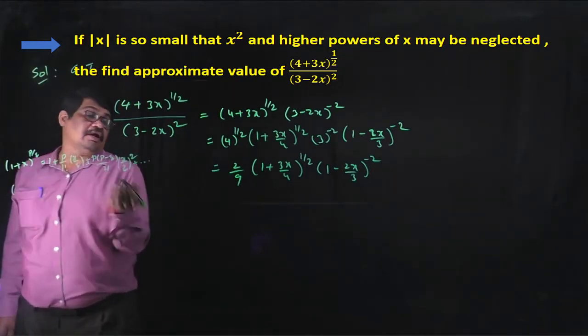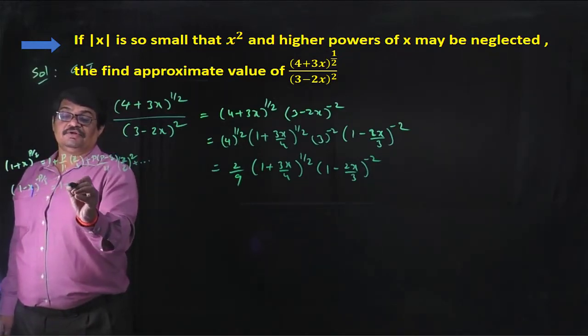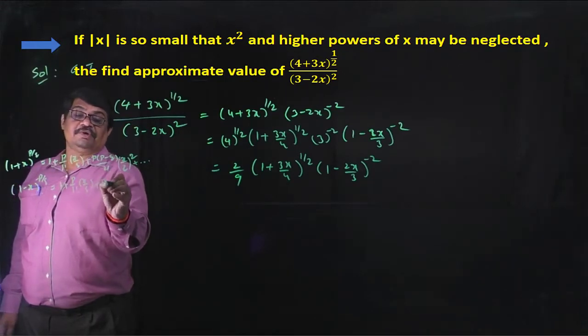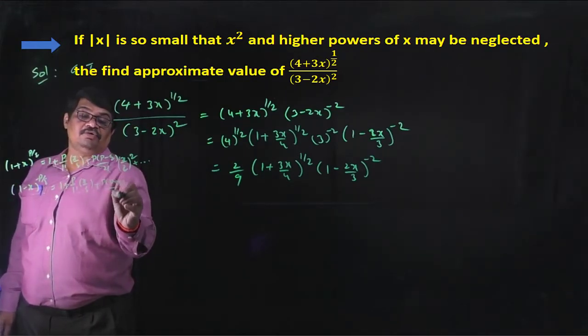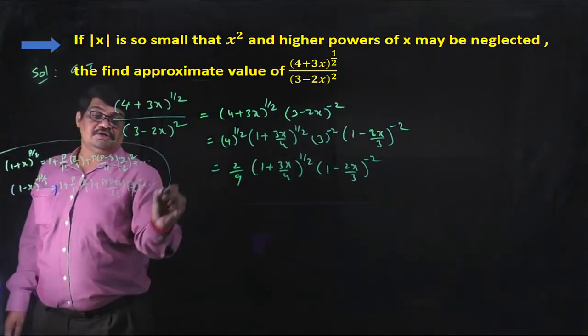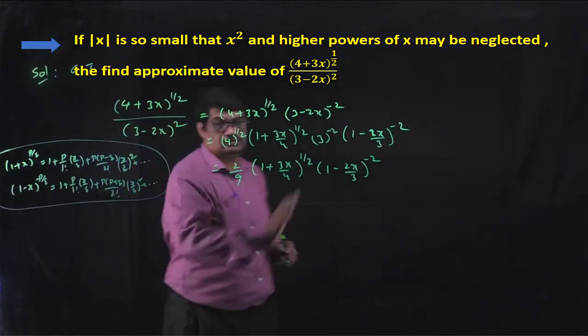And another formula, 1 minus x whole power minus p by q, that is 1 plus p by 1 factorial x by q plus p into p plus q by 2 factorial x by q whole square and so on. Using these binomial expansions, we are expanding these two terms.